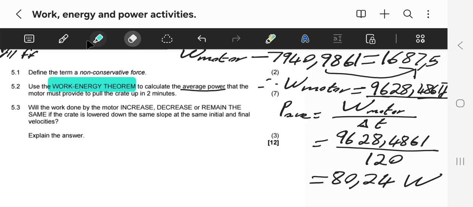If, guys, I'm drawing the object, or rather, let me say, let's say this is our object on the incline. Initially, the object was moving upwards, right? That's where the motor was pulling the object.